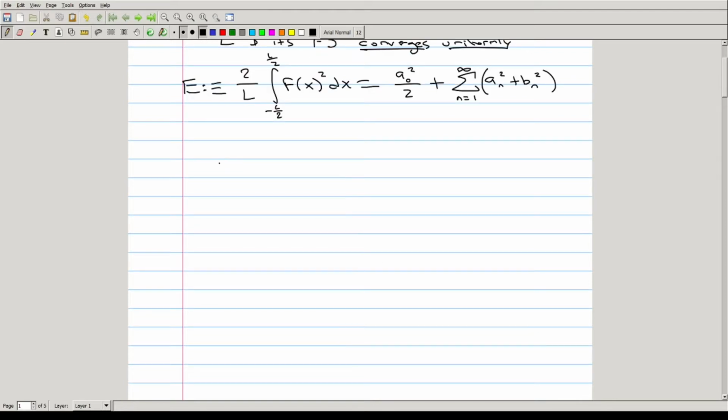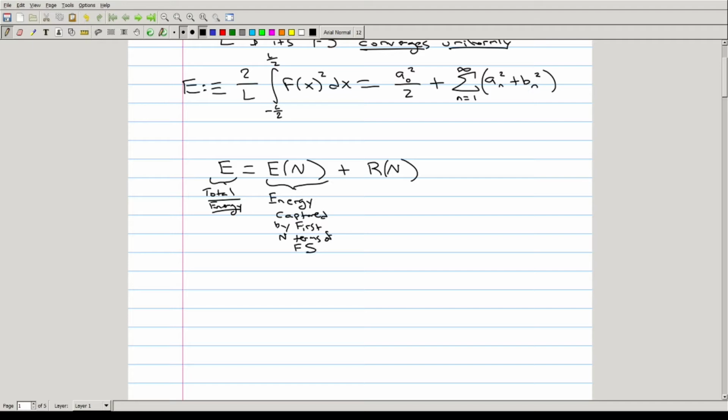And what's really nice about this is that if 2 over L times this integral is the total energy, what this is saying is that we can split this up into a partial sum plus some remainder term, where the total energy of a given signal is, from Parseval's equality, exactly equal to the energy captured by the first n terms of the Fourier series plus some remainder.